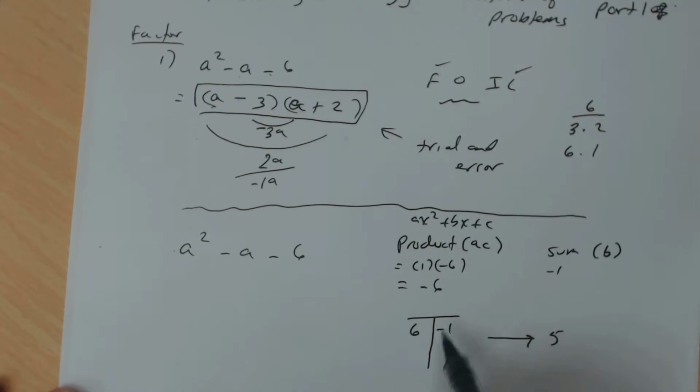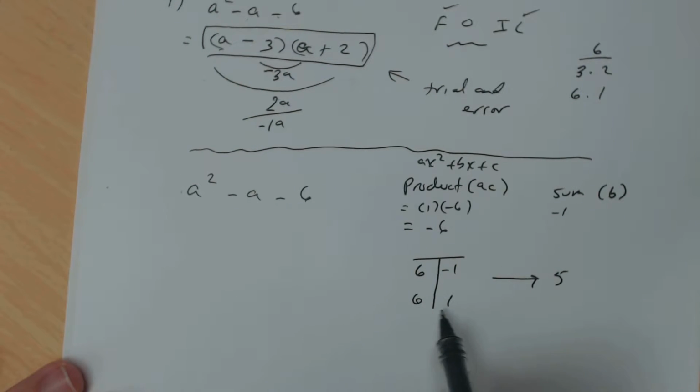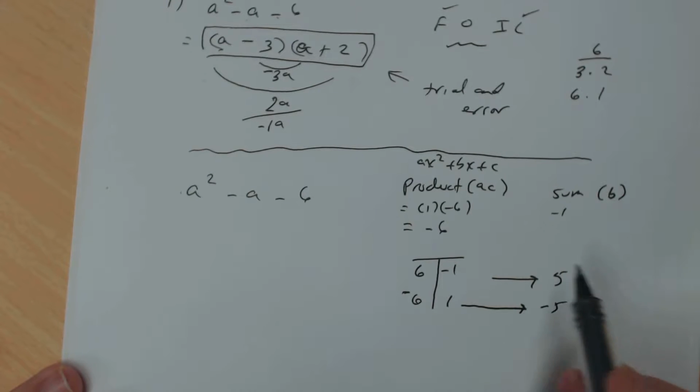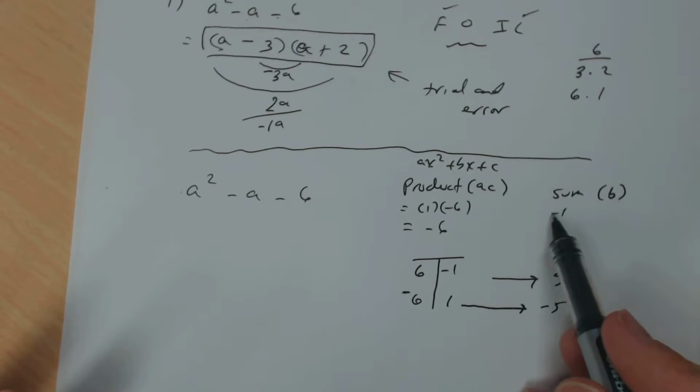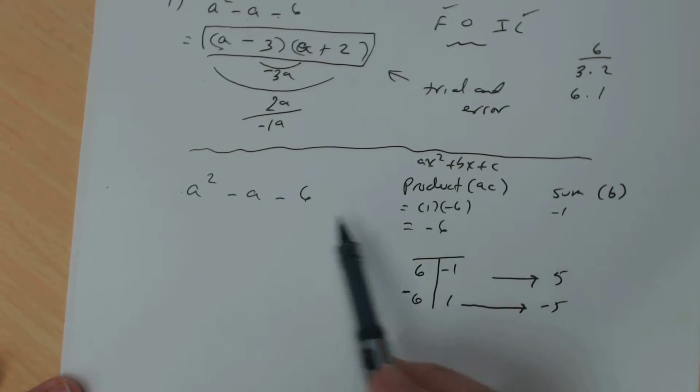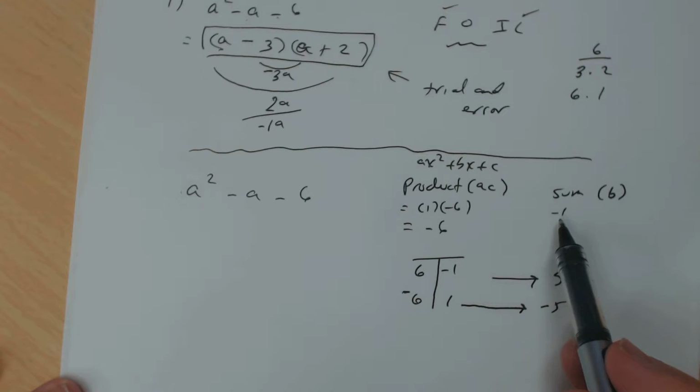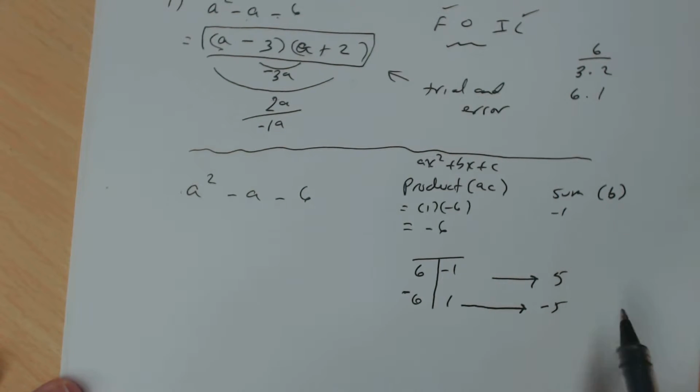So in order for the sum to be negative, when I wrote this, 6 and 1, the larger of these had to be negative. But it still doesn't help, because when I add them up, I get a negative 5. But at least I know this idea that if the last sign's negative, the two signs in here are different, and the larger of those has to take this middle sign, in this case negative.